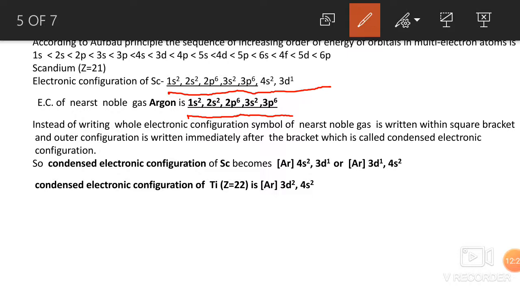The symbol of argon is written within the square bracket. Up to this point 18 electrons are filled, and the remaining 3 electrons are written as 4s2, 3d1. So the condensed electronic configuration of scandium becomes argon 4s2 3d1.